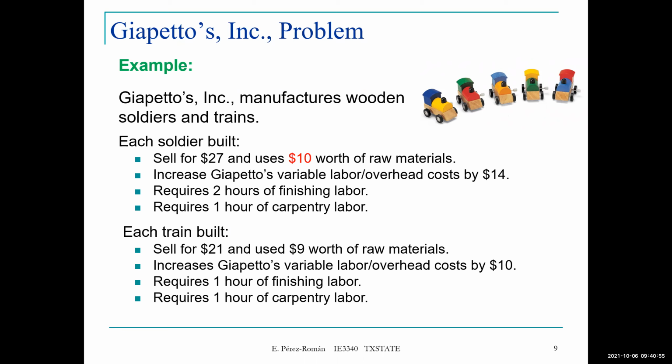The variable cost is $14 for the soldiers, and it requires 2 hours of finishing labor and 1 hour of carpentry. So that's for the soldier. And for the train, we get $21 when we sell one, and that one uses $9 worth of raw materials. The labor cost is $10, and it requires 1 hour of finishing labor and 1 hour of carpentry labor.